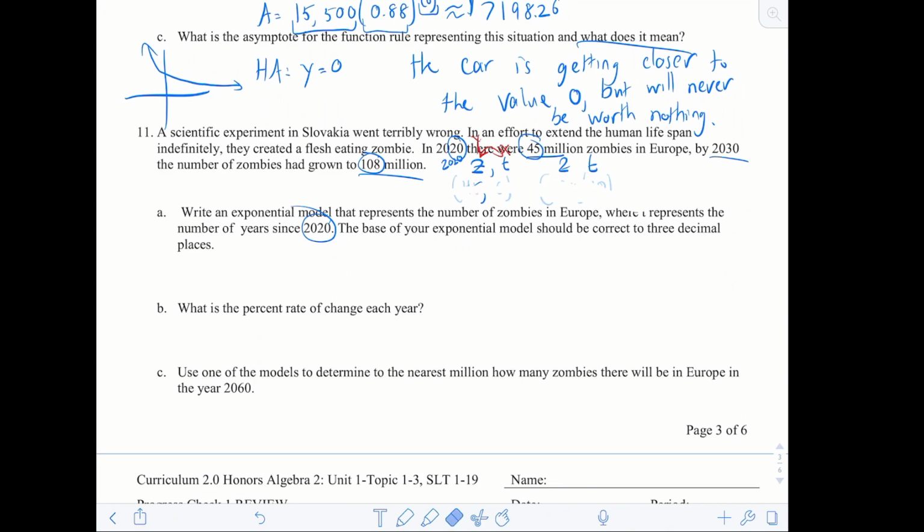Let me rewrite this. At time 0, that's going to be 45 million zombies. And then at time 10, there's going to be 108. And so this actually ends up being our a value. So we're going to say y equals, or you could say the amount of zombies or z or whatever. The a value is going to be 45. And then b to the t or x or whatever type of variable that you want.